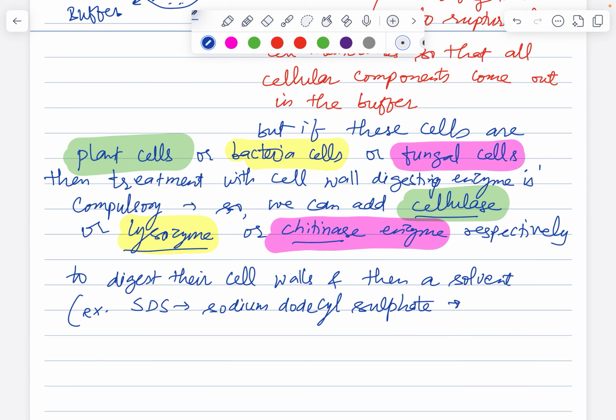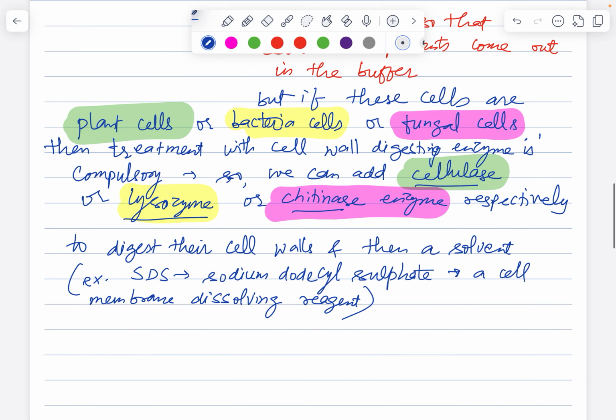Sodium dodecyl sulfate actually is a surfactant. I mean, it's a kind of, let's say, detergent. It's a cell membrane dissolving reagent. So first we digest the cell wall, and then a solvent like SDS is added to rupture the cell membrane also.